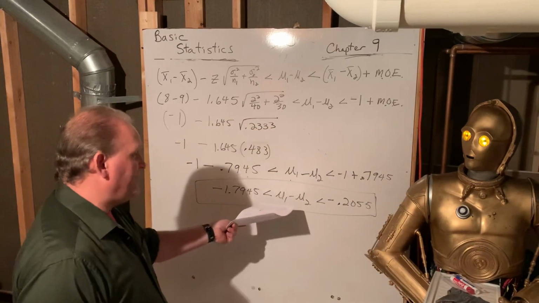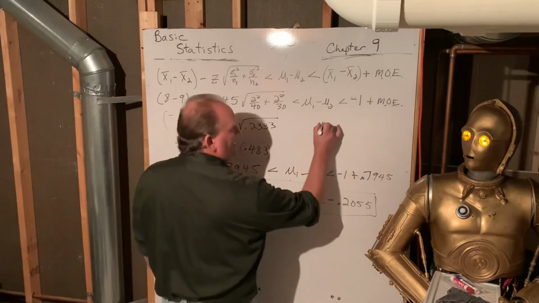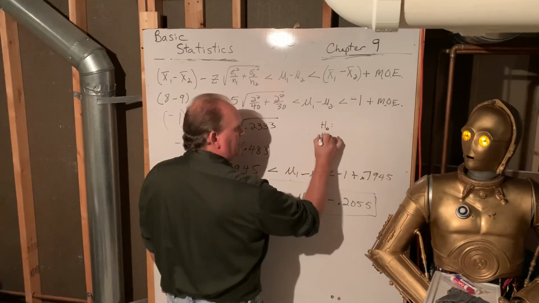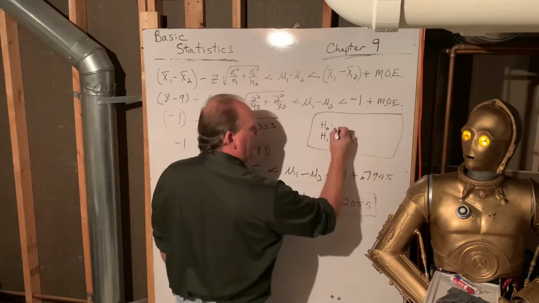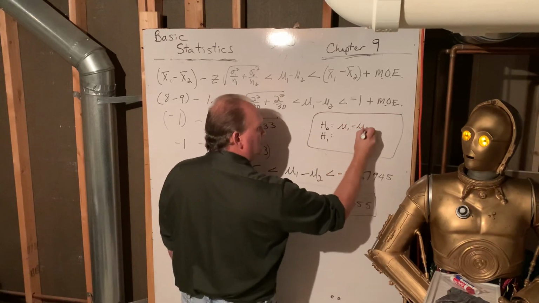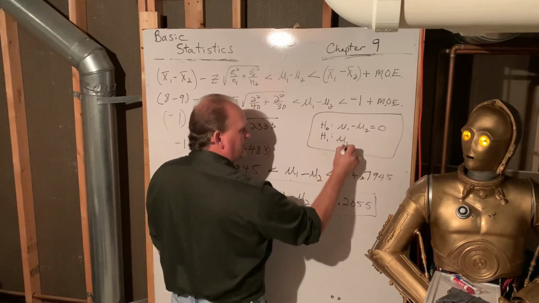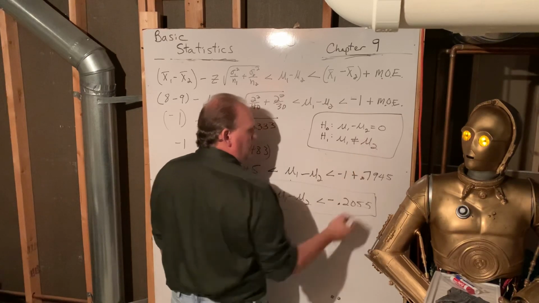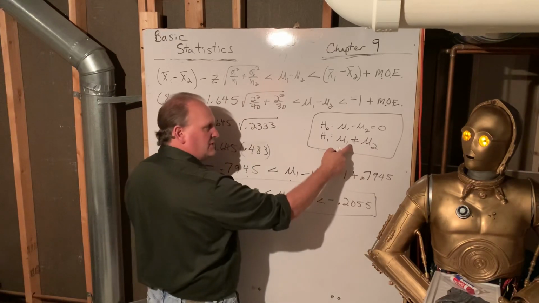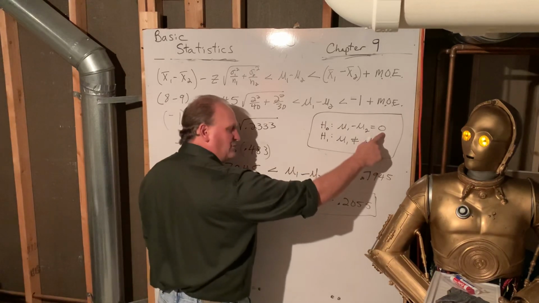So this is evidence for the alternative hypothesis, as long as that alternative hypothesis looked like this. If we had a null that mu1 minus mu2 is equal to 0, or equal to each other, and an alternative that they were not equal to each other, then this would be evidence for the alternative, because this interval does not include 0.